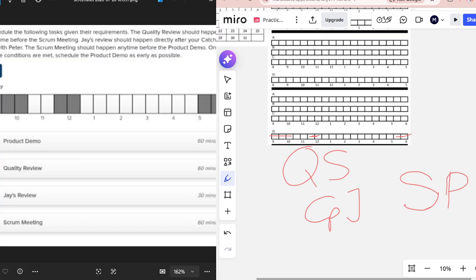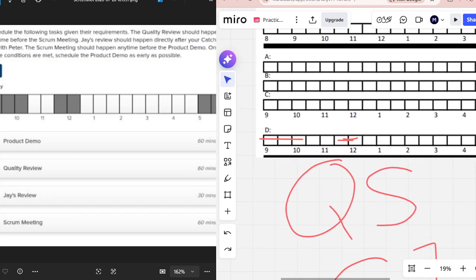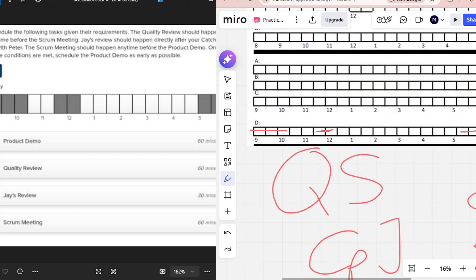This is a screenshot I got from a group chat. So I'll just assume that the meeting 11:30 to 12:30 is the catch up with Peter. First I would input quality review for 30 minutes. Then I have Jay's review.